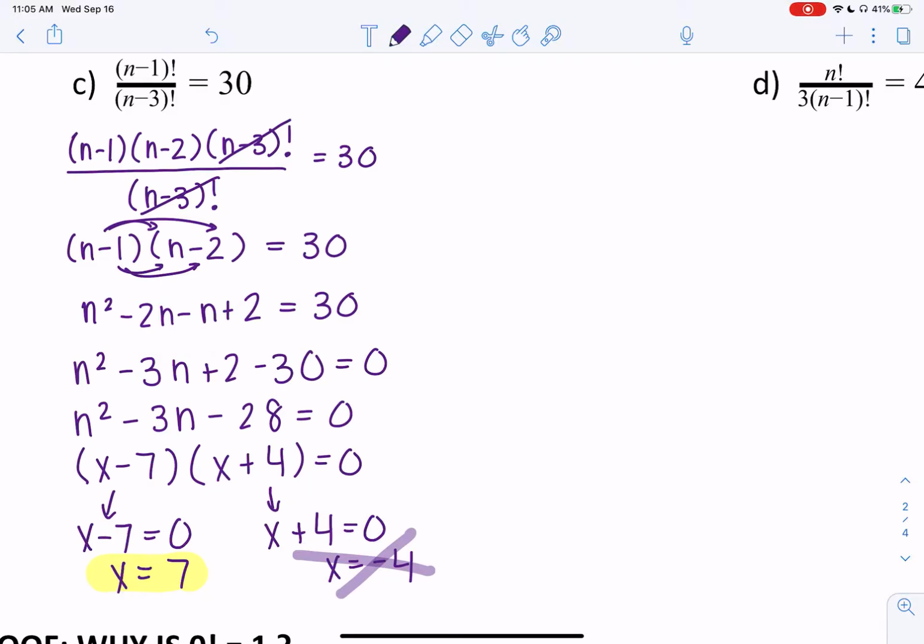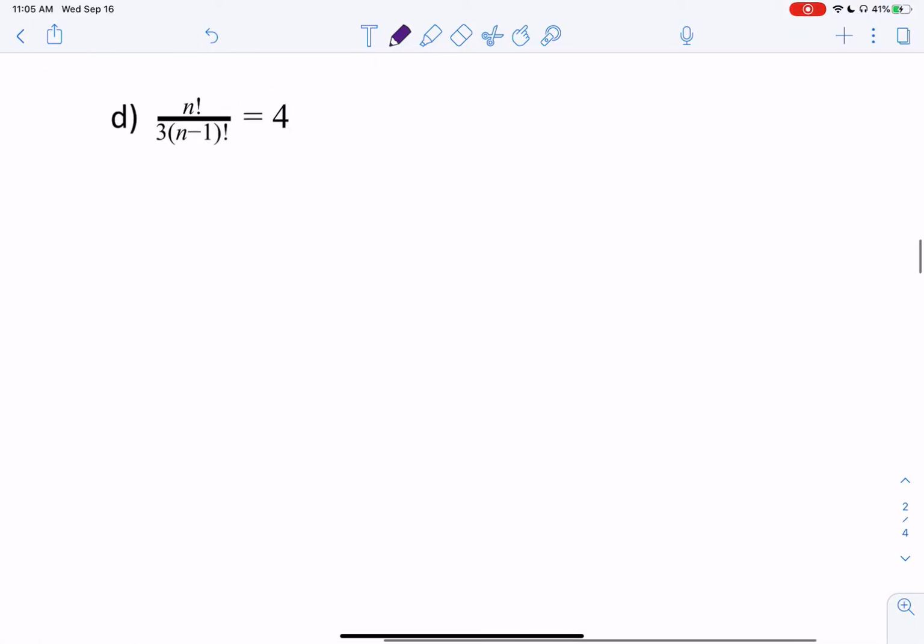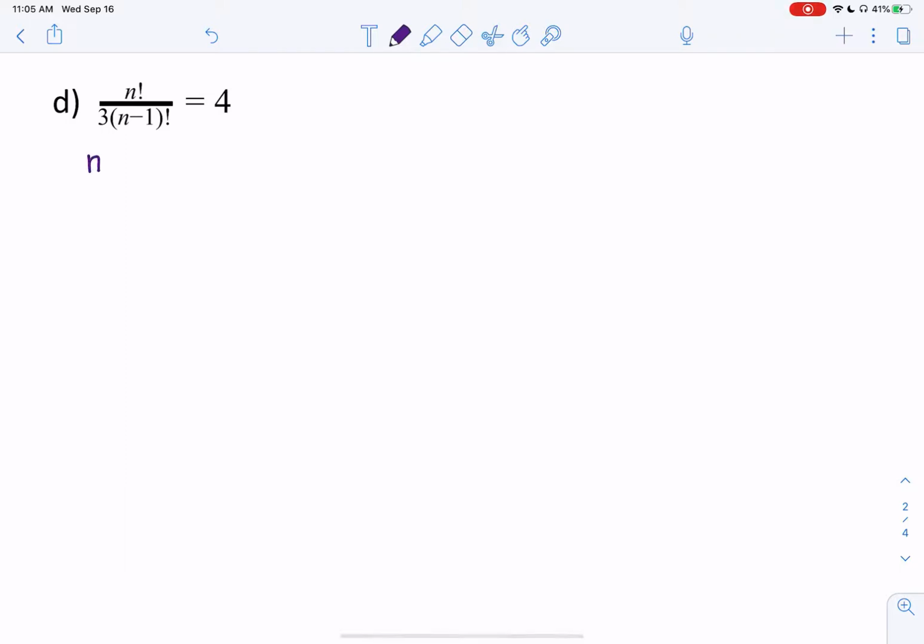All right, one more example, and then we'll do one quick little extra proof at the end. So our next one here, we have n factorial all over 3 times n minus 1 factorial. So what I'm going to do is start by expanding some things. So we have n, and then we subtract 1.